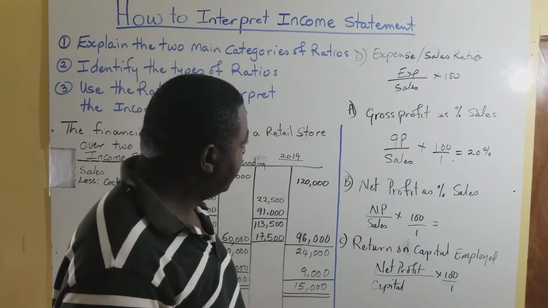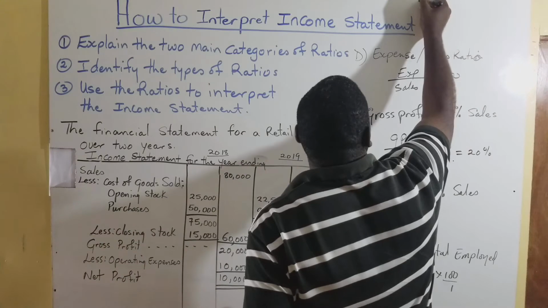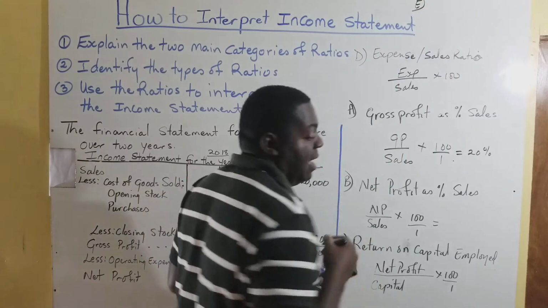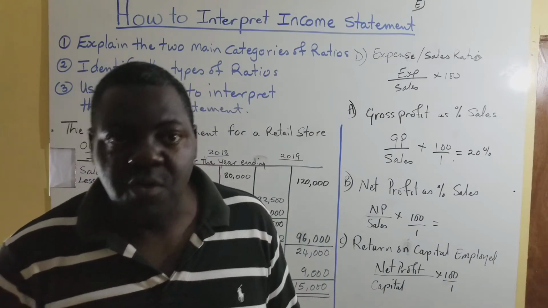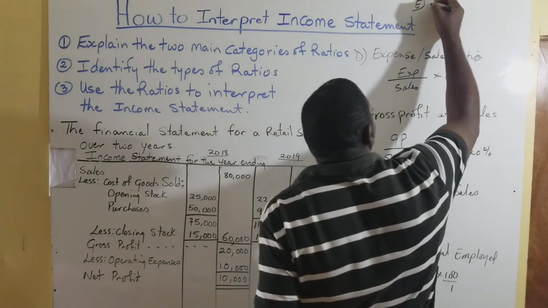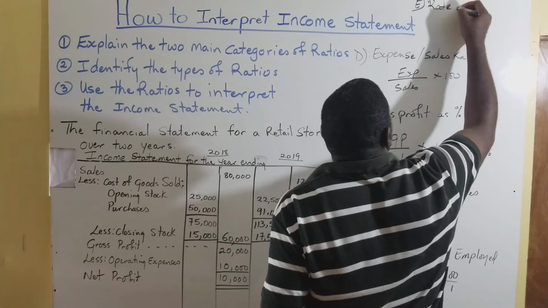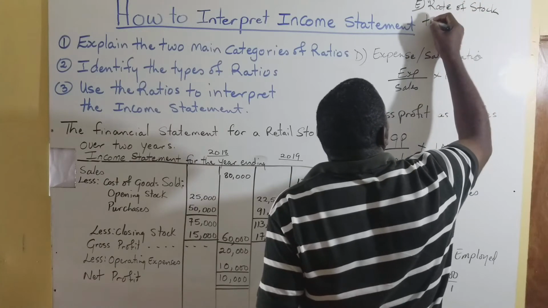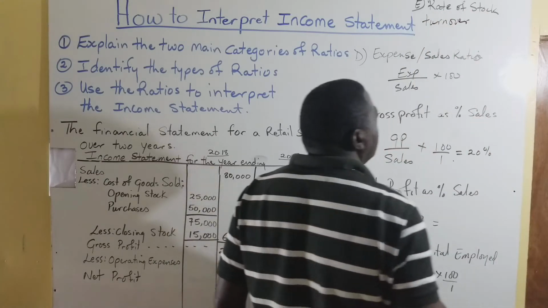So we have three there, and now a fourth one. This ratio speaks to the rate of stock turnover. How frequently are we turning over stock? So we have what is called the rate of stock turnover.